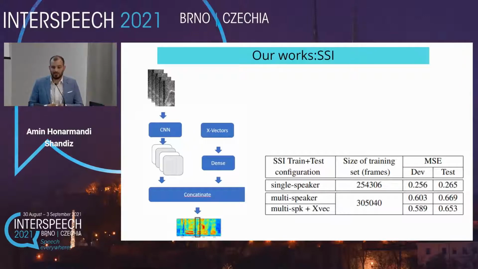And for multi-speakers over 31 speakers, without X vector it is 60. With X vectors, which we integrate and concatenate with our ultrasound frames, it decreased the error rate. But we still had very few frames in comparison to one speaker. Yeah, thank you.